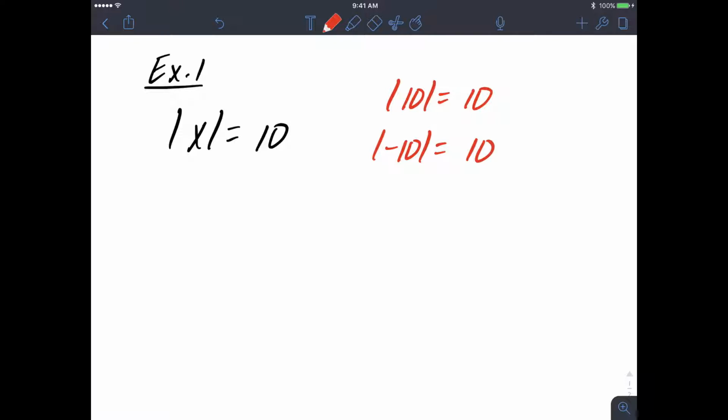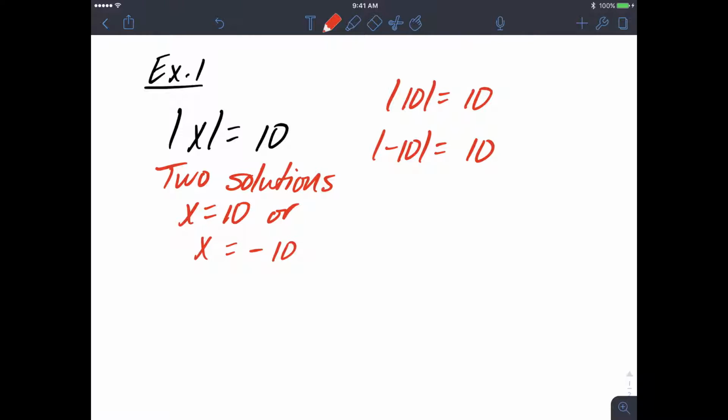So you have two potential values for x. All right, 2 solutions, and it could be x equals 10 or x equals -10. Okay?